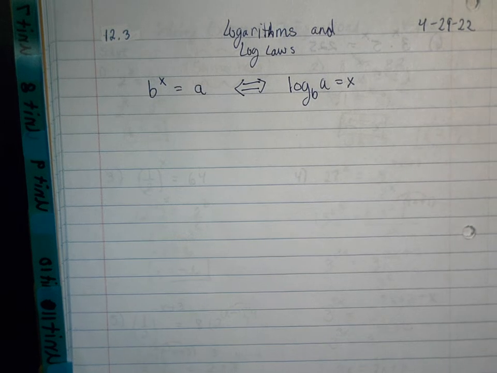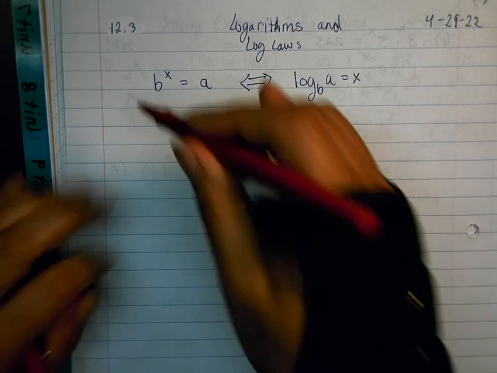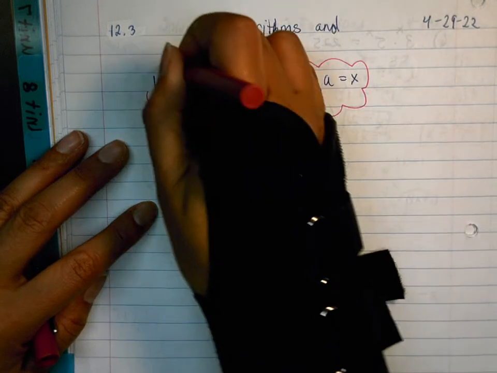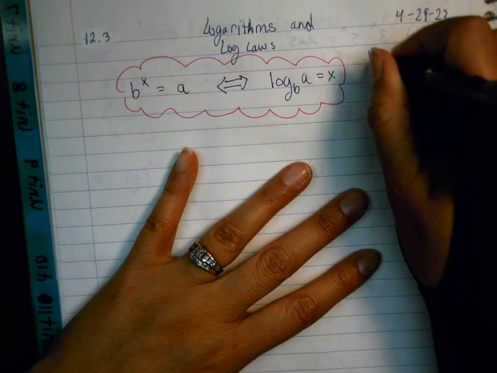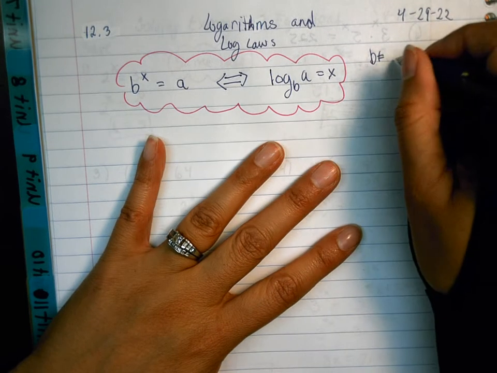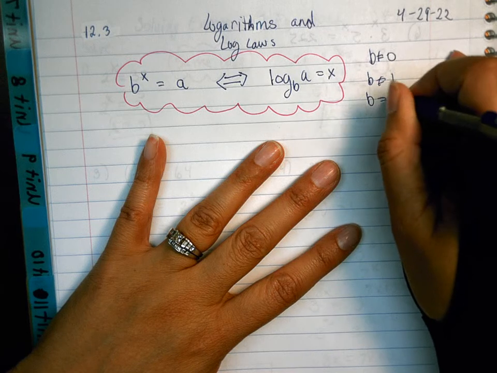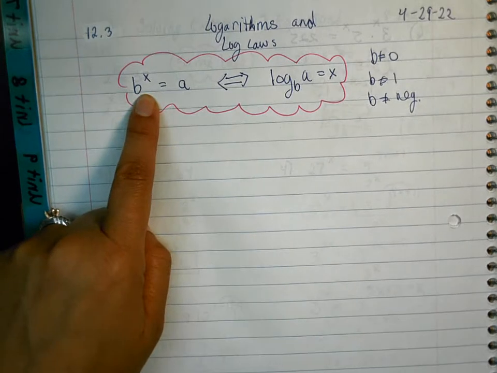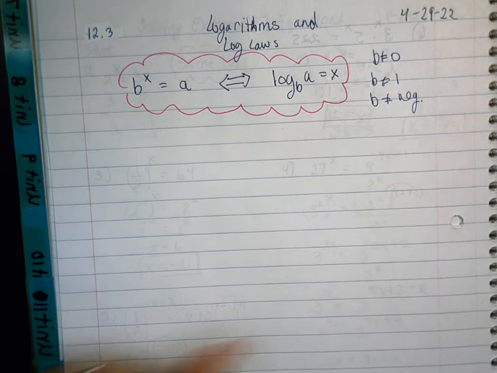Okay, there's a few things in both cases that a cannot be and b cannot be. Let's start with the b. There's 3 things that b cannot be. B cannot equal 0, b cannot equal 1, and b cannot equal a negative number. So whether it's b here or b here, b cannot equal 0, 1, or a negative.